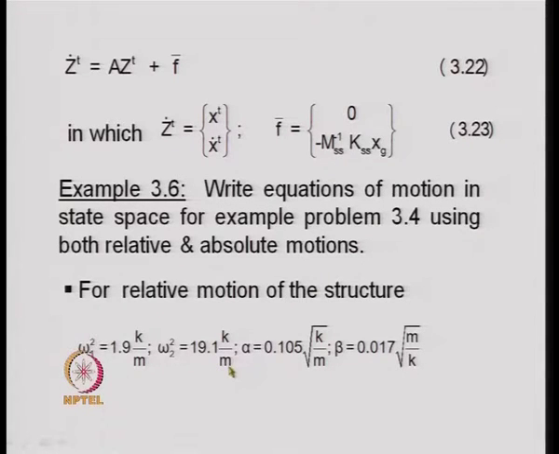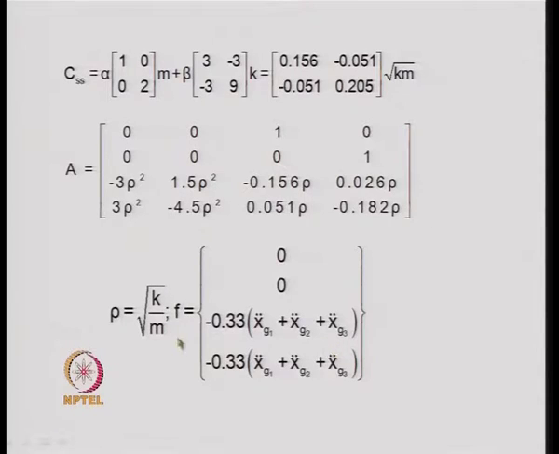Once we know these 2 natural frequencies, one can compute the values of alpha and beta which are required to obtain the C matrix, considering the C matrix to be mass and stiffness proportional. That is, we write CSS is equal to alpha times the mass matrix plus beta times the K matrix, and using this we can obtain the damping matrix for the entire system.